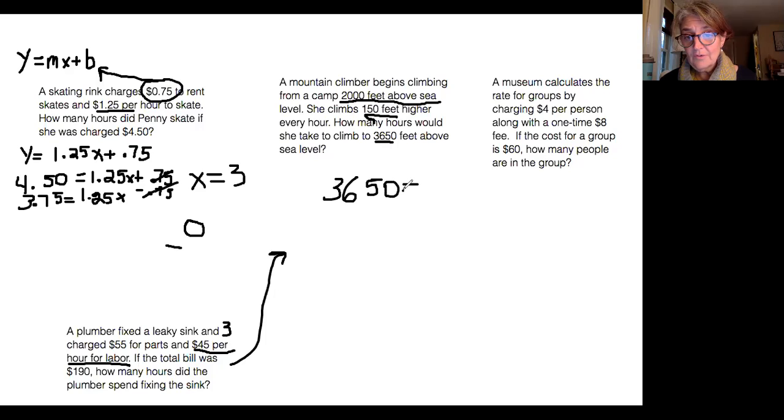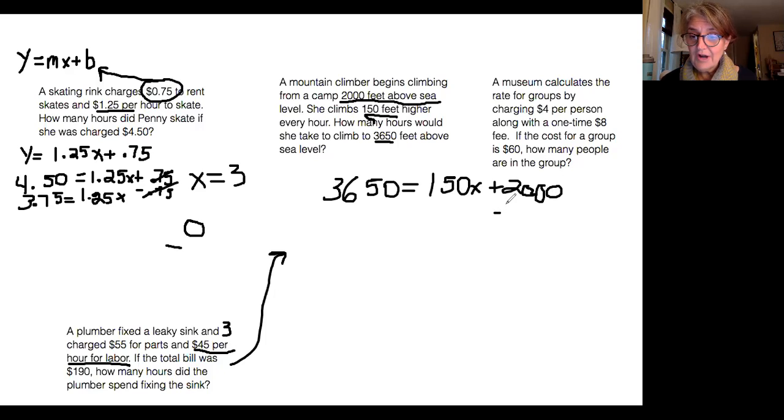And we know that she can climb 150 feet an hour, and that she's starting already at 2,000. So she's already at 2,000 feet, okay?